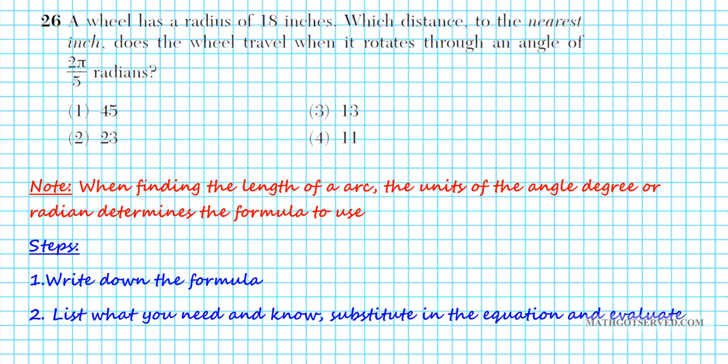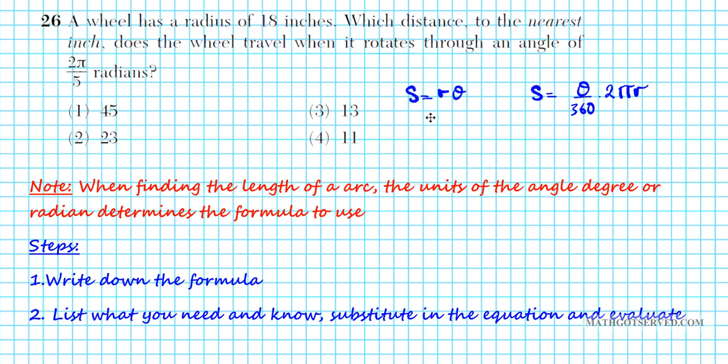Okay, there are 2 formulas for finding the length of an arc, so you have to look at the unit of the angular measure to determine what formula to use. All right, so let me show you the 2 formulas. Arc length is equal to r theta, and this arc length is equal to theta over 360 times 2 pi r.